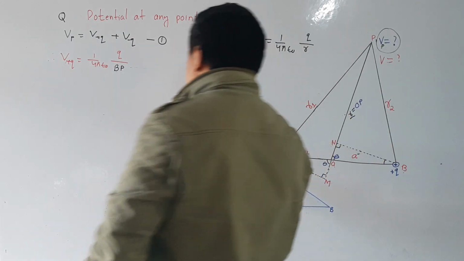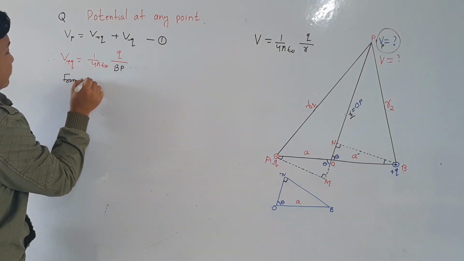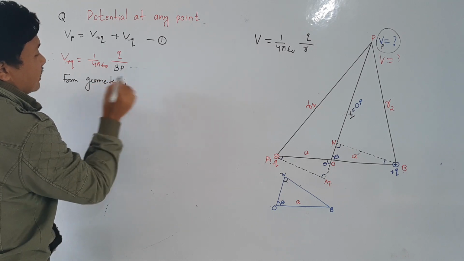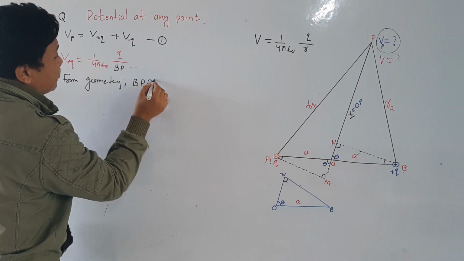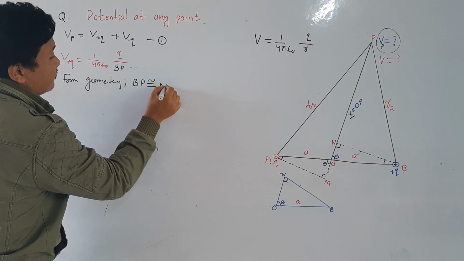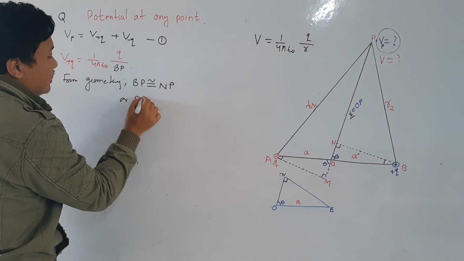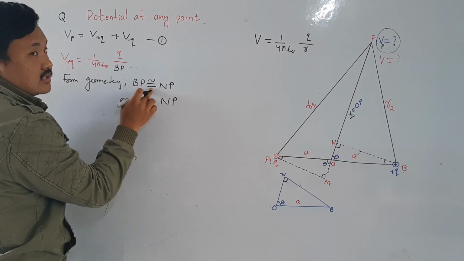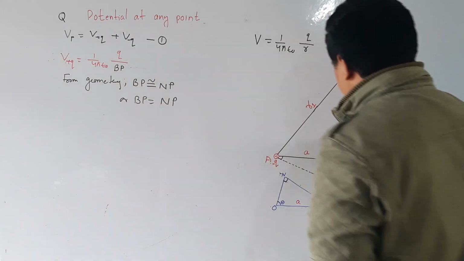So from geometry, what we can write is BP is almost equal to NP. Now how much is NP?